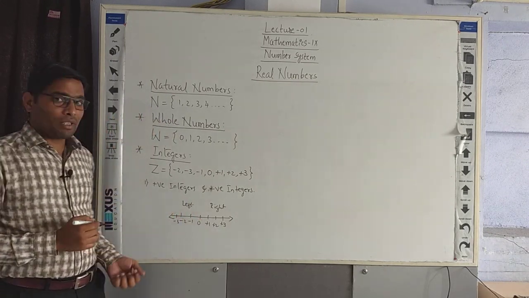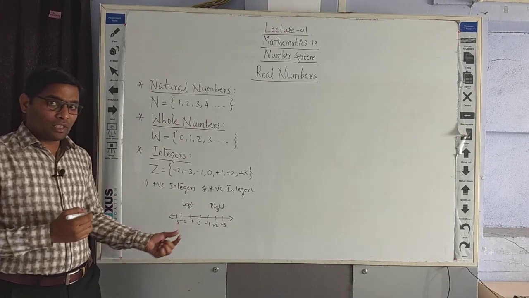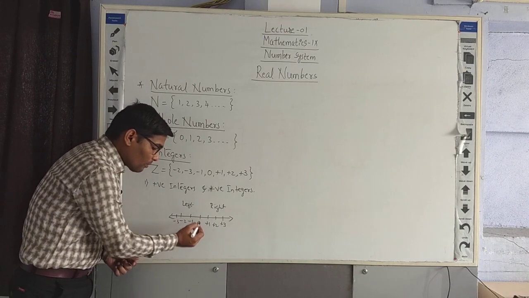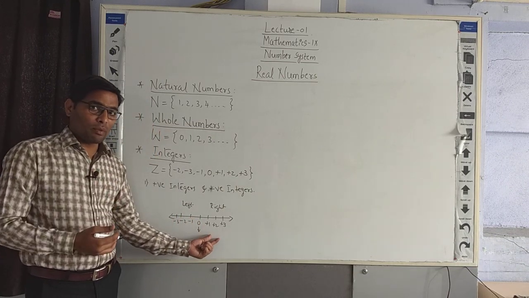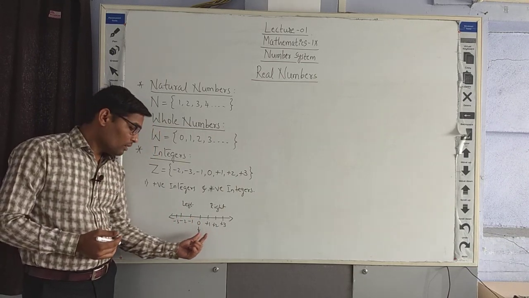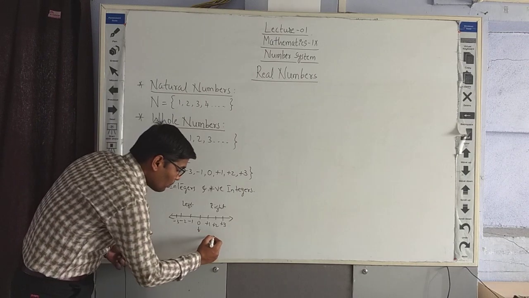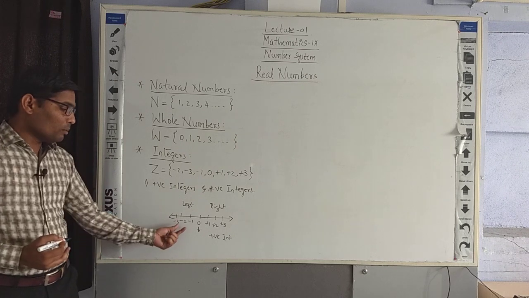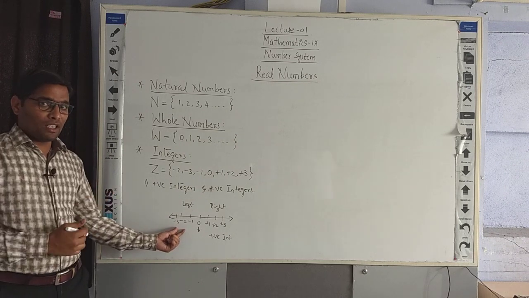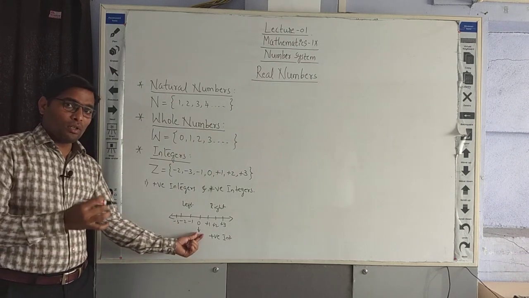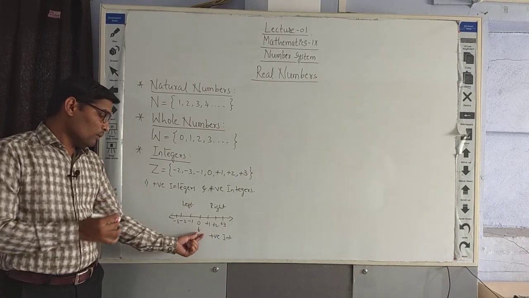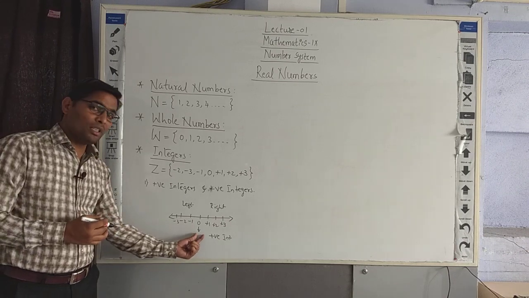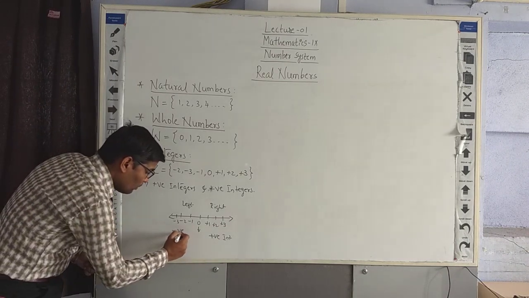Now let's define positive integers. The numbers which are present on the right side of the number line from the 0 are called positive integers, and the numbers which are present on the left side of the number line from the 0, the word from the 0 is very important, so I am repeating, the numbers which are present on the left side of the number line from the 0 are called negative integers.